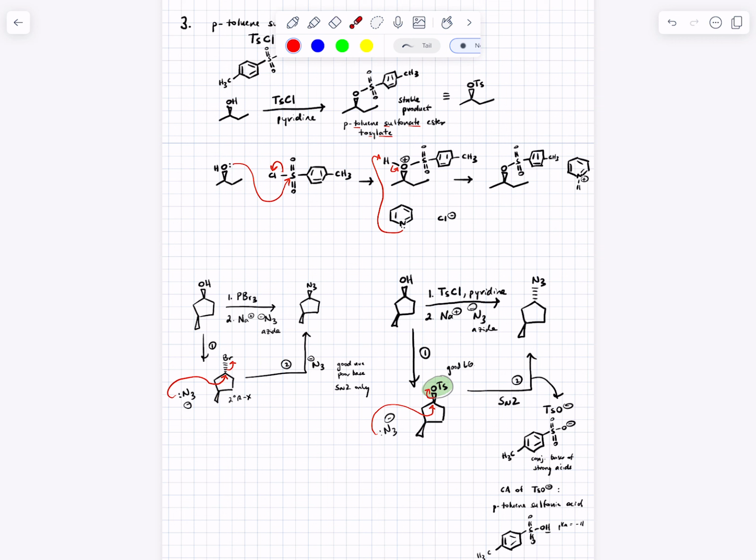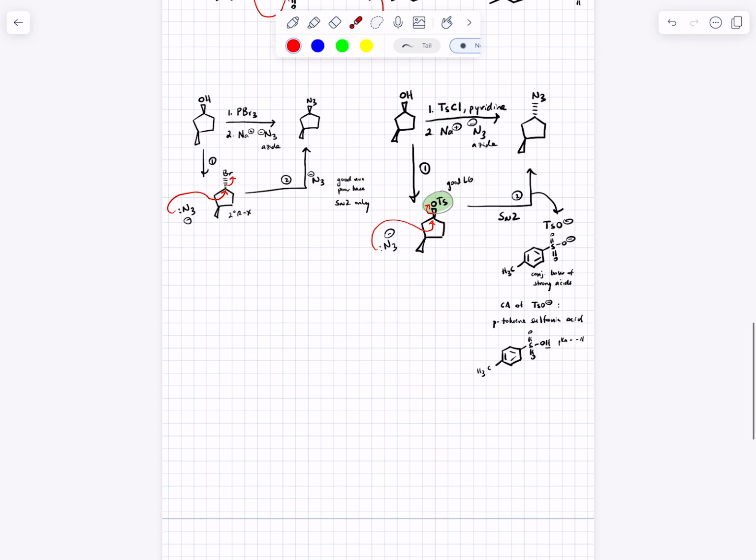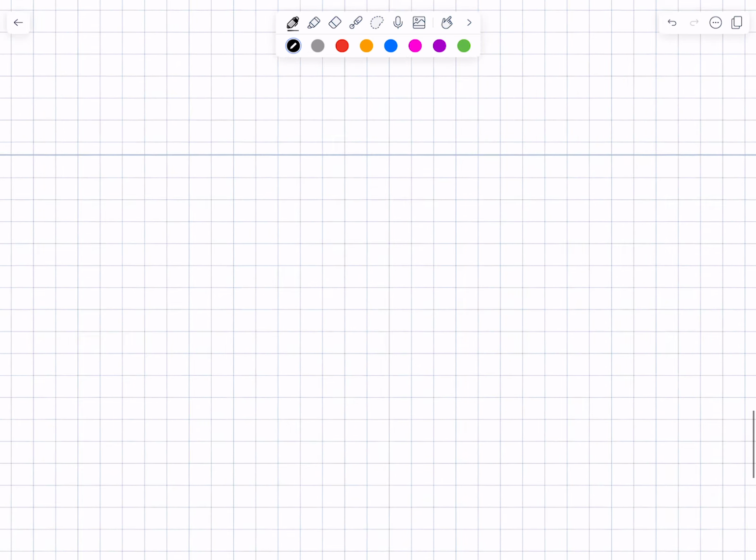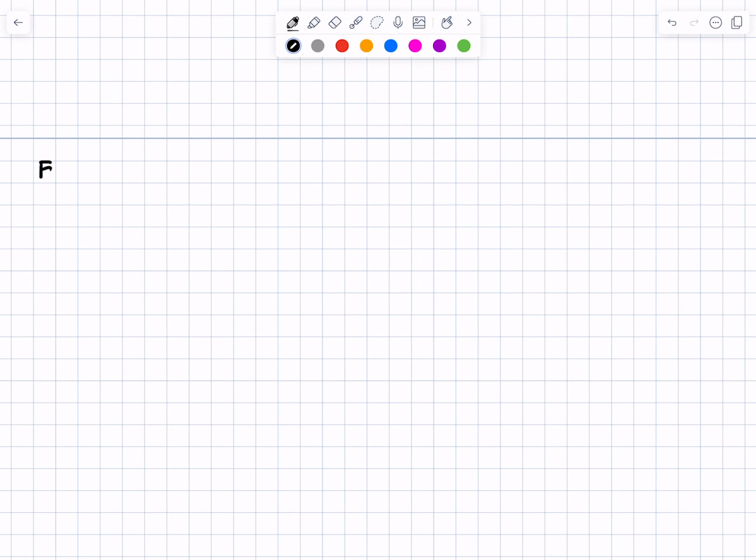To round out the story, we want to talk about elimination reactions of alcohols. And as we have done with substitution reactions with alcohols, there are going to be two basic stories. One is going to be acid promoted elimination reactions of alcohols, and those are going to have carbocation intermediates and rearrangement possibilities.